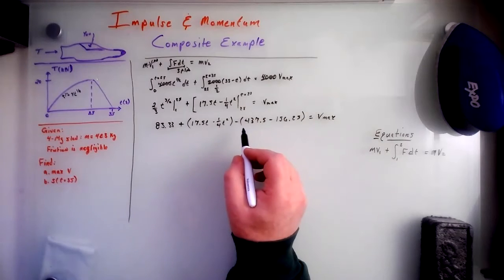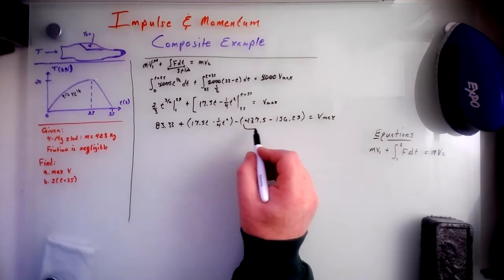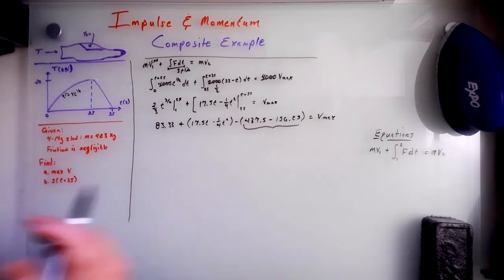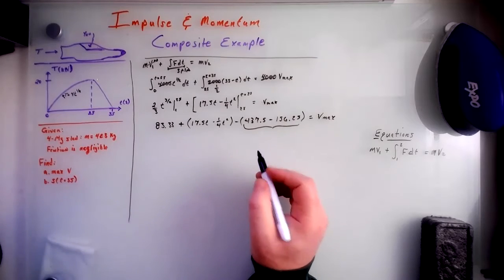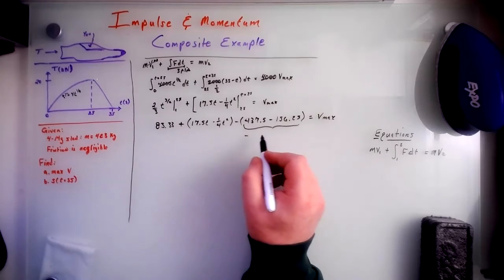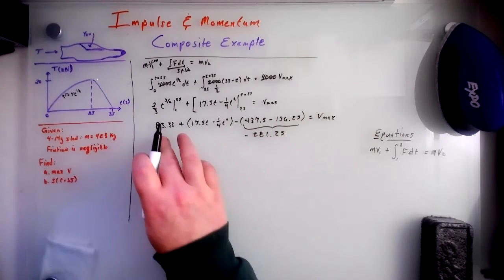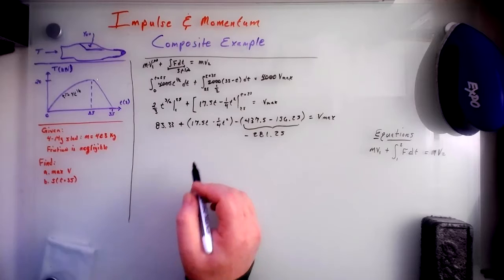So what do I need to do? I need to combine these constants: 437.5 minus 281.25 plus 83.33.